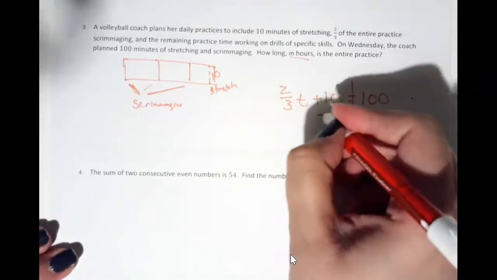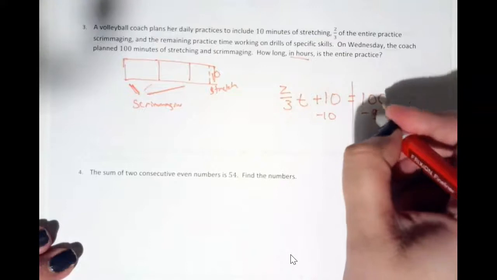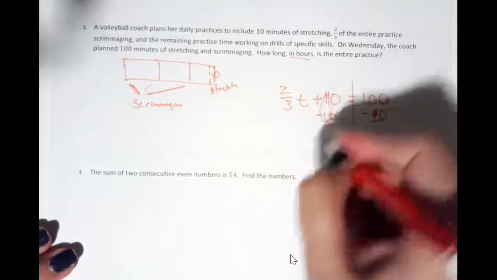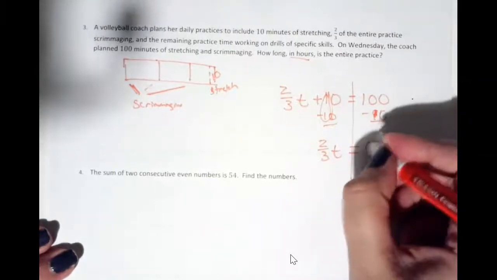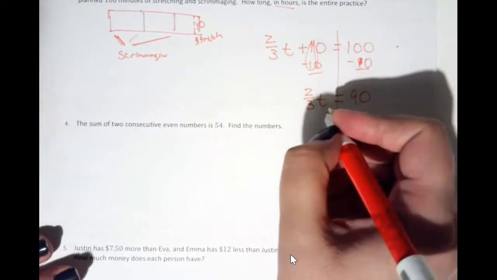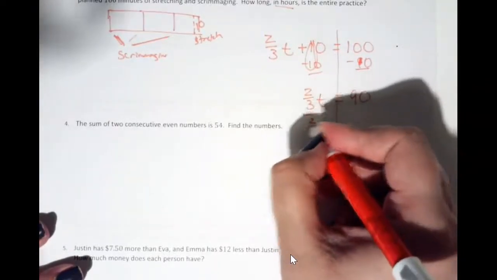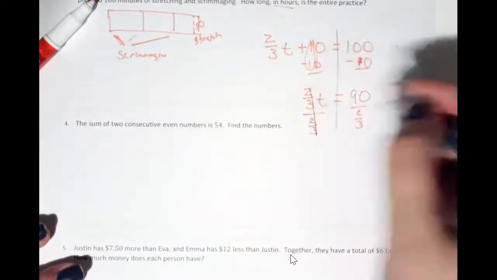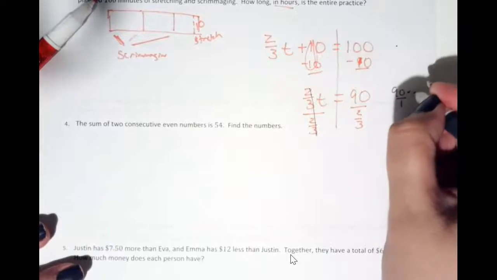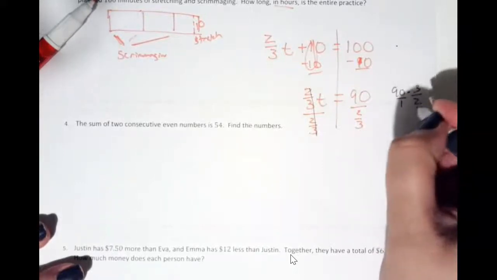Alright, subtract 10 minutes. 2/3 of the entire time is 90 minutes. Divide each side by 2/3, which is actually multiplying by the reciprocal 3/2.